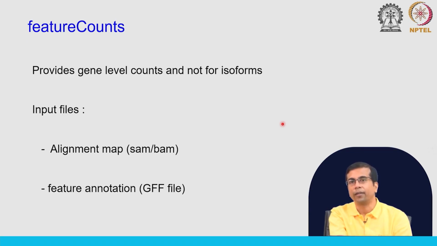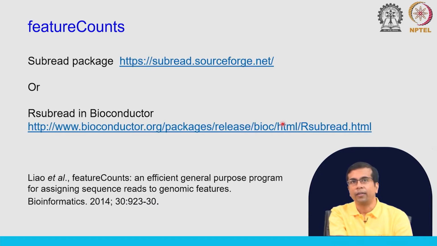Here the input files are the alignment map, SAM or BAM file, and the feature annotation file, which is the GFF file. Okay. And here is the package which you can download and use, or you can get from R in Bioconductor. If you are not familiar with R, you can simply go with the Subread package and download and use that package.